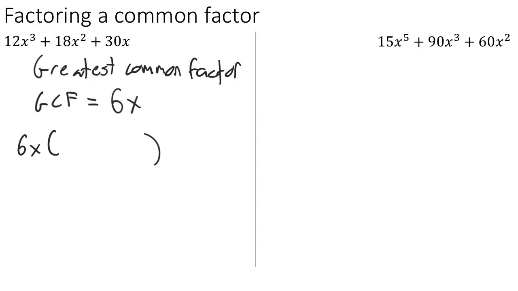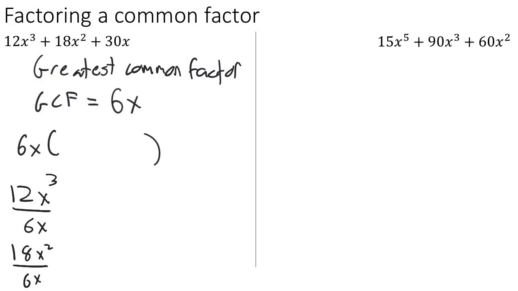The way that we determine what terms are left inside is through a division. We take each term of the original expression, and we're going to divide it by the term that we're factoring out. So in this case, that's going to leave 12x to the third divided by 6x. And then we will also have 18x squared divided by 6x.